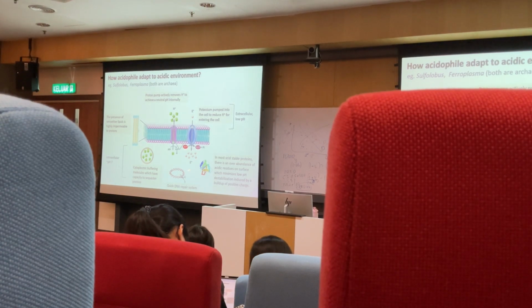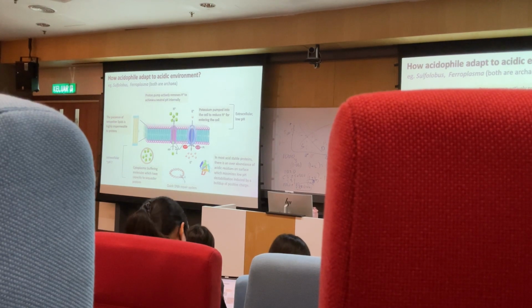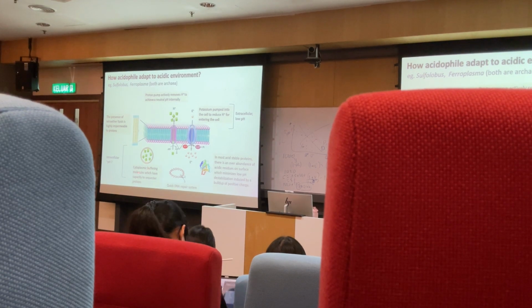So it's another, indirect way, rather than directly pumping them out. The ions occupy the intracellular space and displace the hydrogen, not allowing more hydrogen ions to come in. Now, they also have something else in the cytoplasm, so-called buffering molecules.